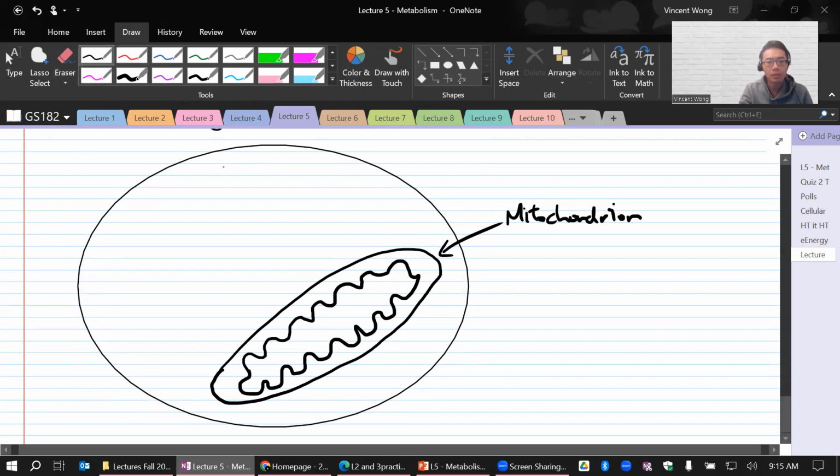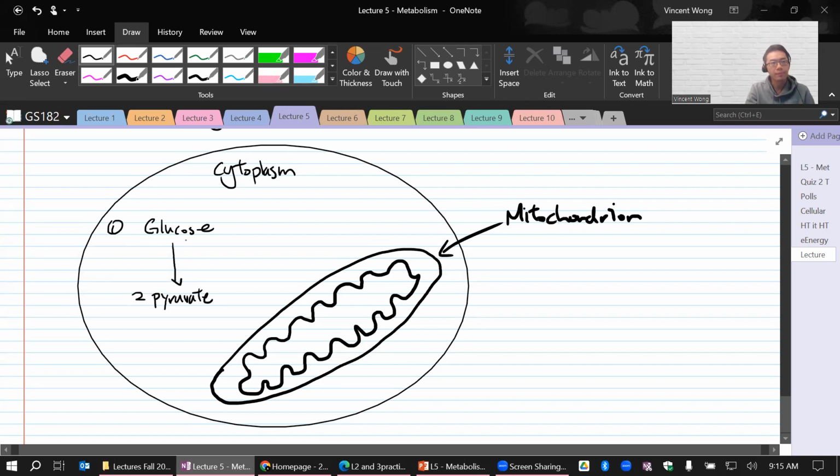And so this is the cytoplasm. Stage one is going to happen in the cytoplasm. Glycolysis, right? We're going to take glucose and split it into 2 pyruvate.